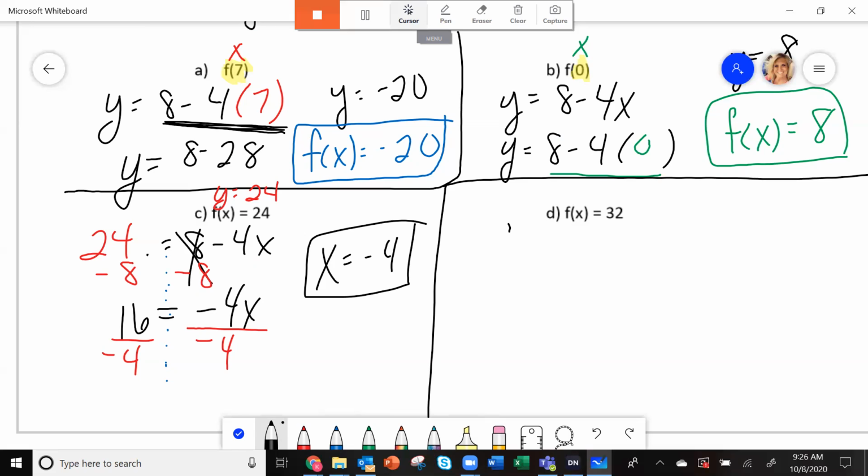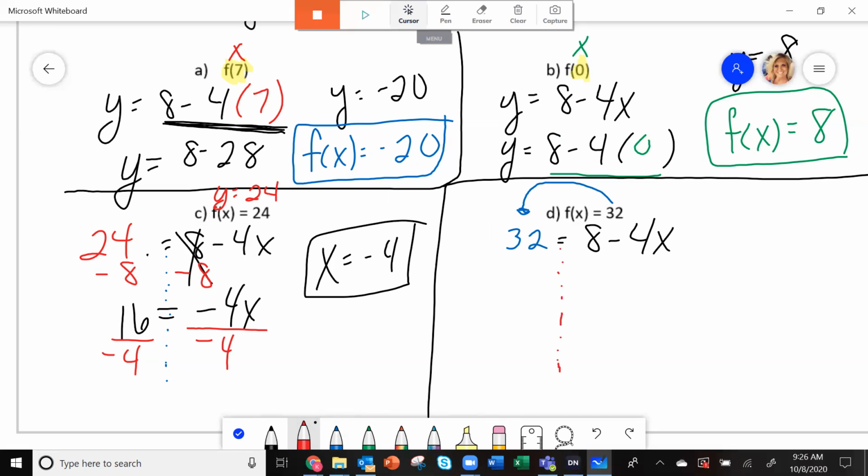Remember, you have f of x equals 8 minus 4x. It's giving us f of x. So I'm going to take that 32 and I'm going to put it in here where the f of x is. So instead of f of x, I'm going to put 32 in here.